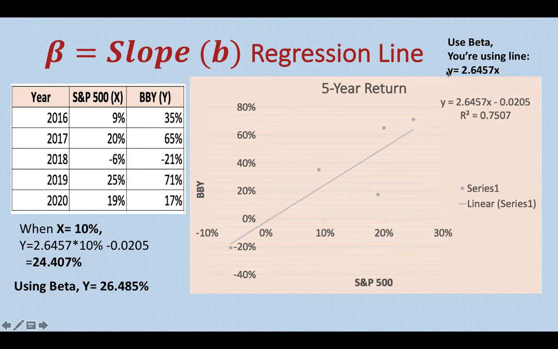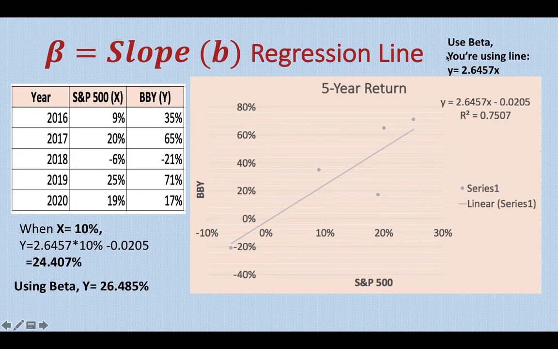So this line is not a good prediction, because when we do linear regression analysis, we come up with the best fit line. This is the better line to predict the Best Buy returns based on the S&P 500.